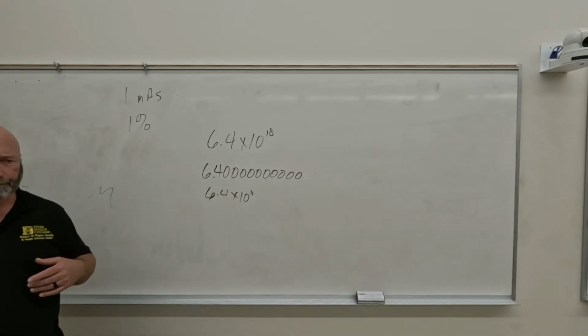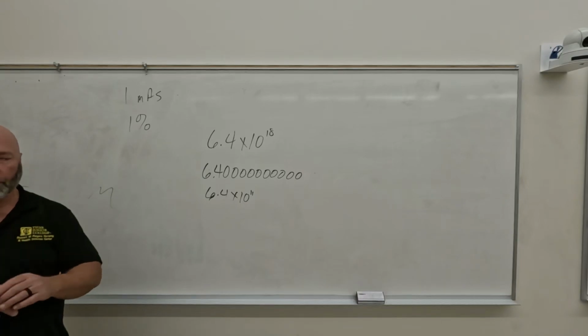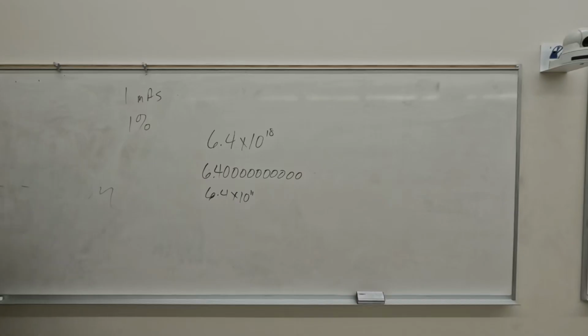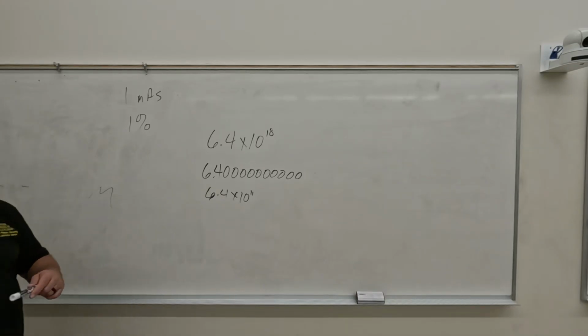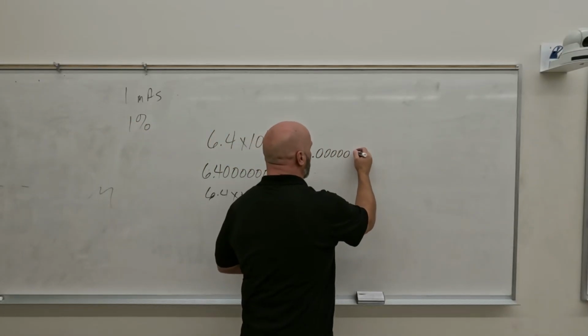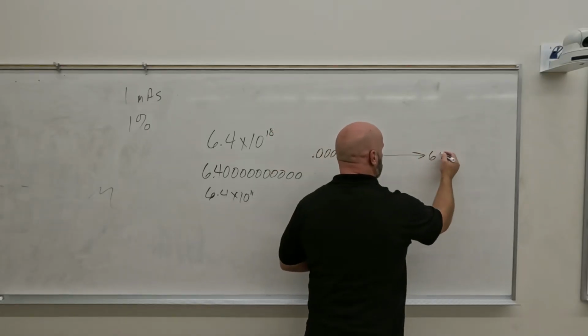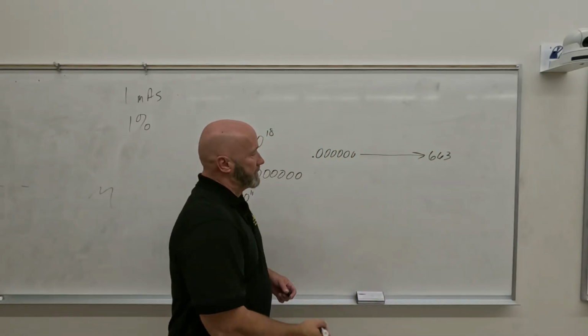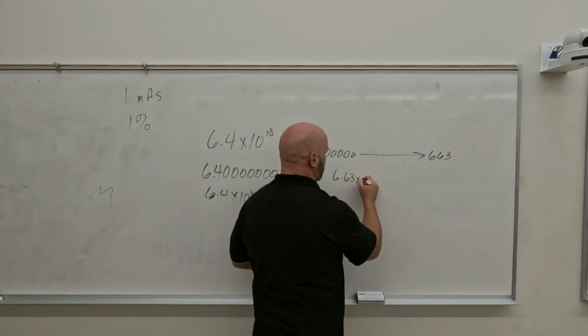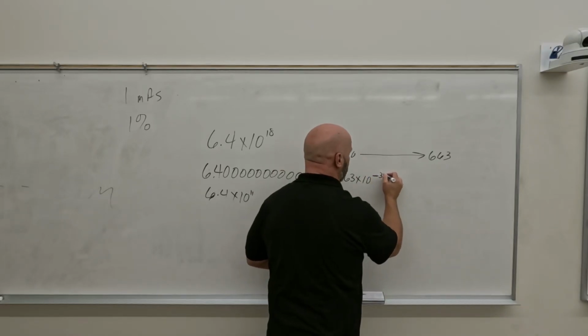So X-rays, gamma rays, very, very short waveform, and Planck's constant goes in the opposite direction, and it's 6.63 times 10 to the negative 34th power or something like that. So what we've got there is 0.00000 and a lot more zeros, 663. So how that would be expressed is 6.63 times 10 to the negative 34th power.